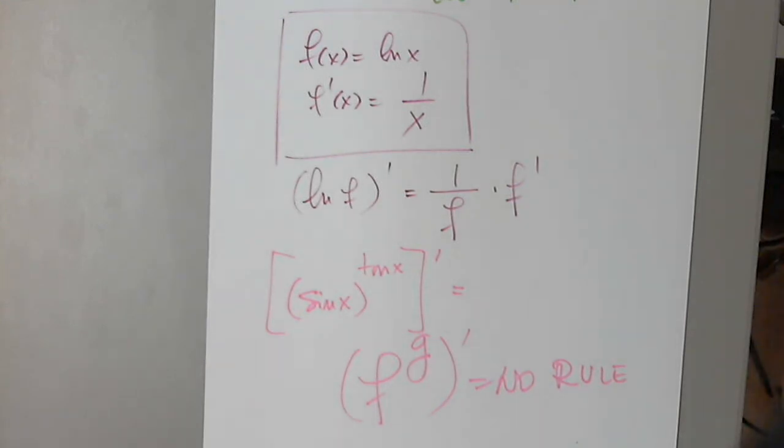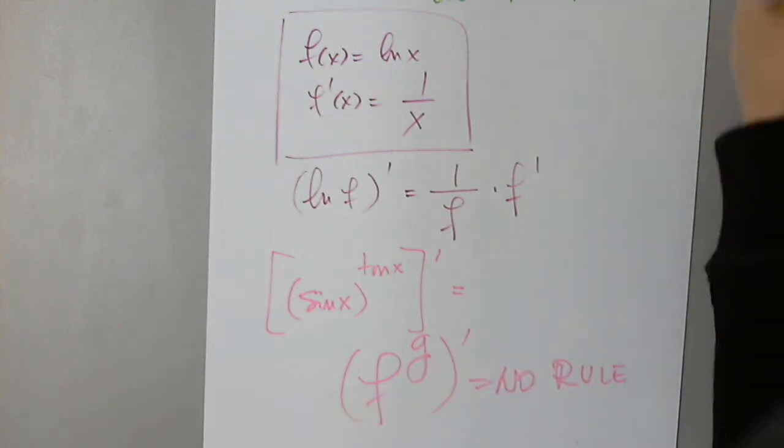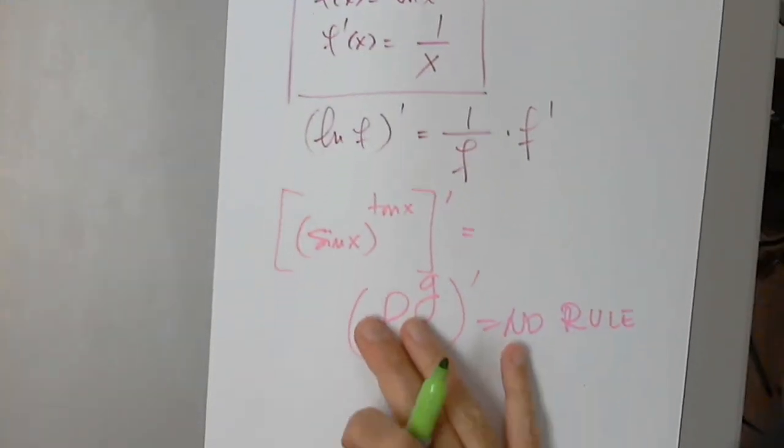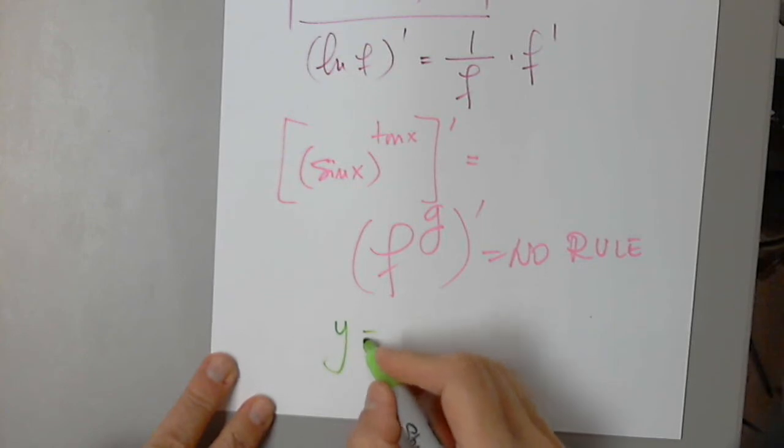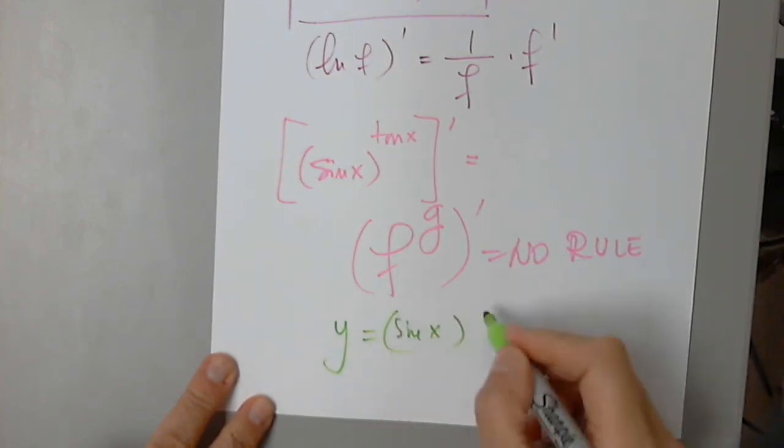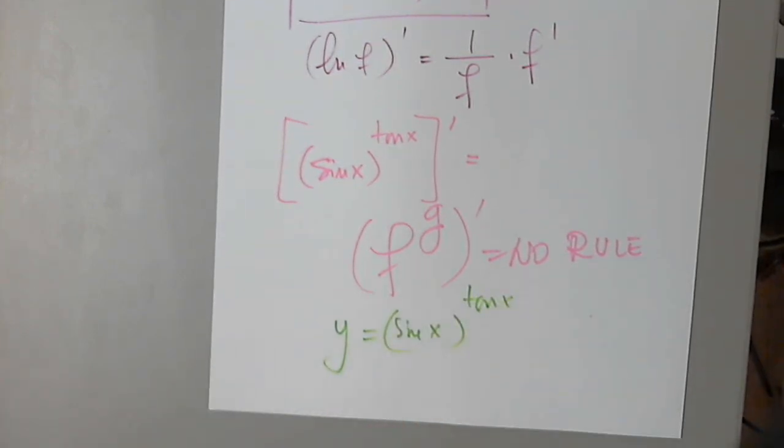Nothing that you've seen before is applicable here. Don't ever try. Okay, fine, but I can still differentiate this. I am going to denote it by y. So we're asked to differentiate this function sine x raised to tangent x. So that's our target right now for the next 5 minutes.